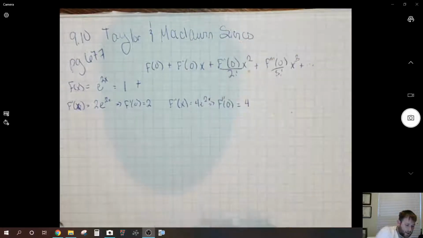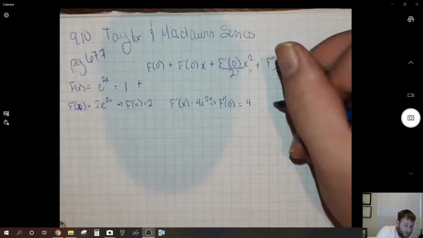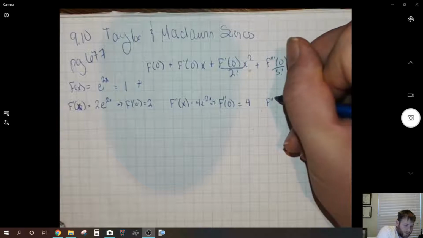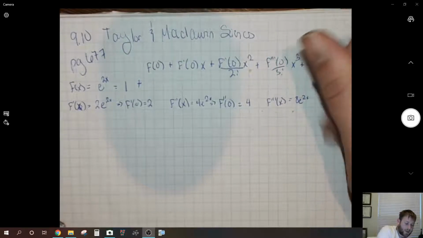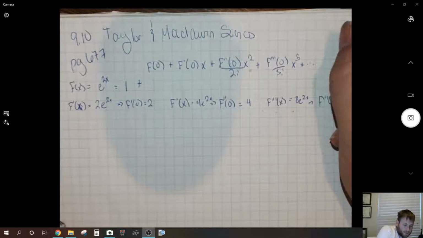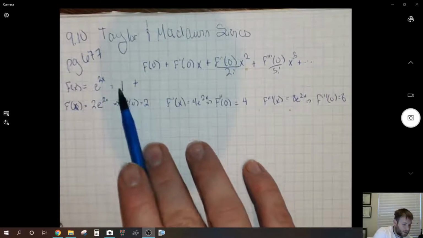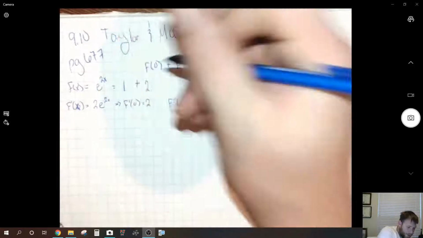I think I see a pattern already, but I want to be sure before I say it. So f triple prime would be 8e to the 2x. So what's happening here is we go 1, 2, 4, 8. It's doubling every time.